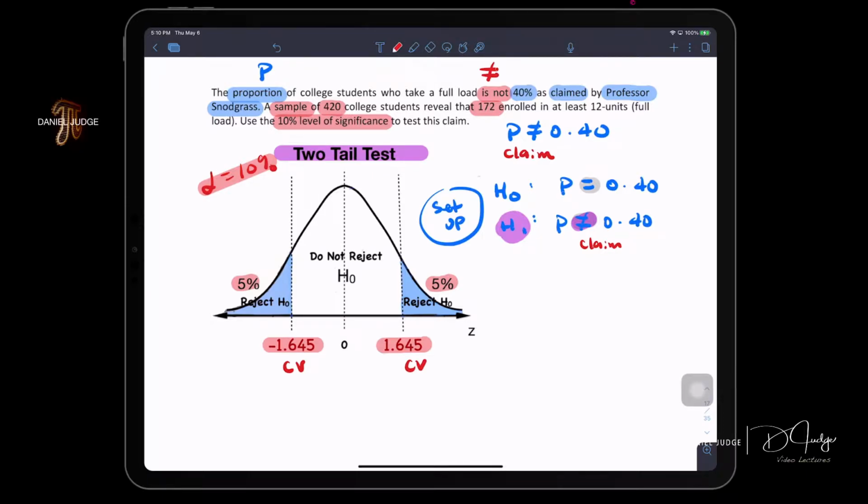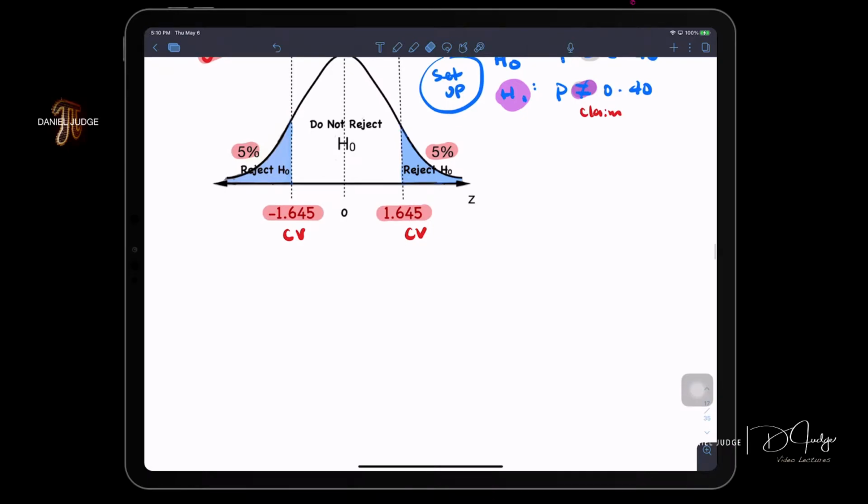So this is going through the procedure. We now really have our decision rule, and we're ready to take a sample. I write down the sample information. What did they say for the sample?